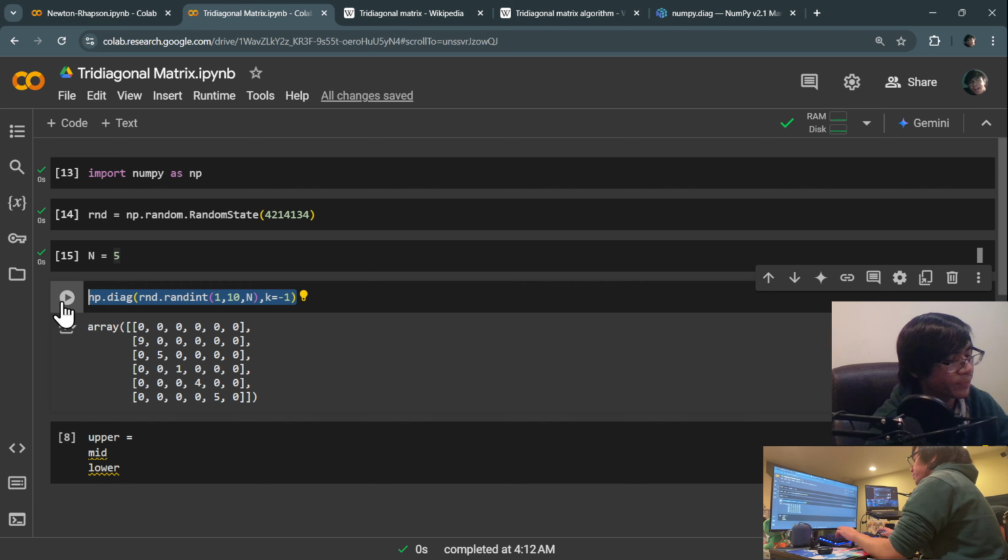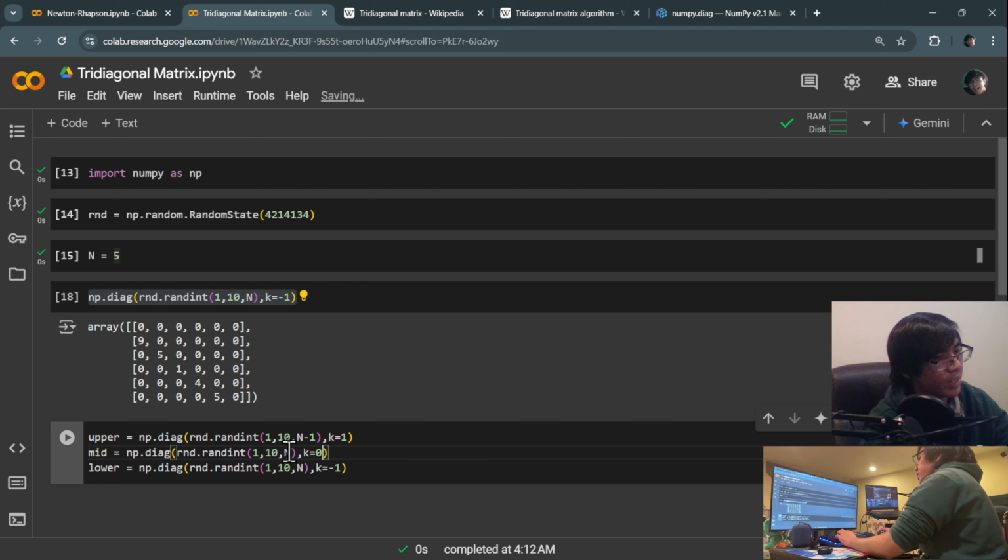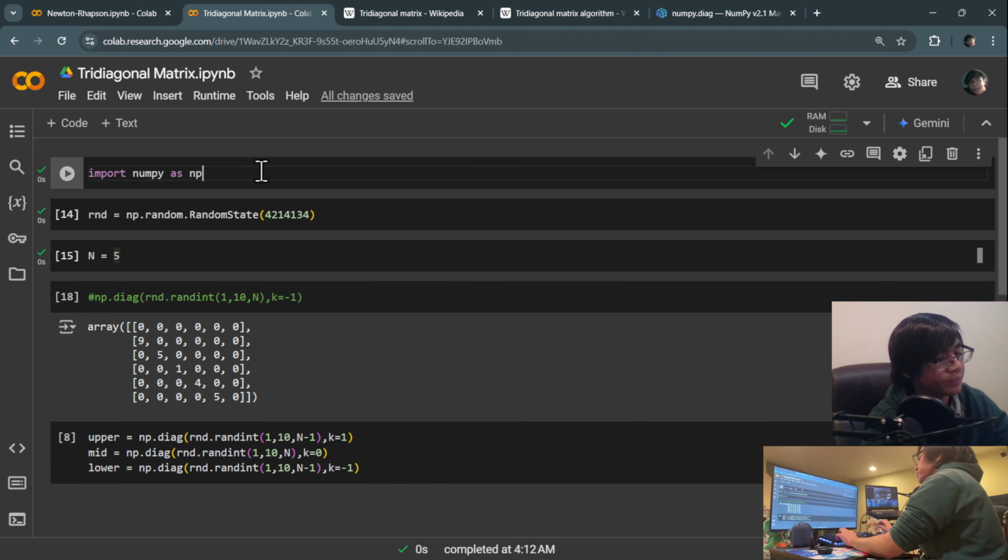But we'll see. So I'm just going to copy paste all these and make sure they're the correct amount. So this should be n-1 for the upper, and it should be k equals 1 and go up. Middle is the center diagonal, so 0. n is fine, and then n-1 for the lower, and then k equals -1. So let's see if this loads up.